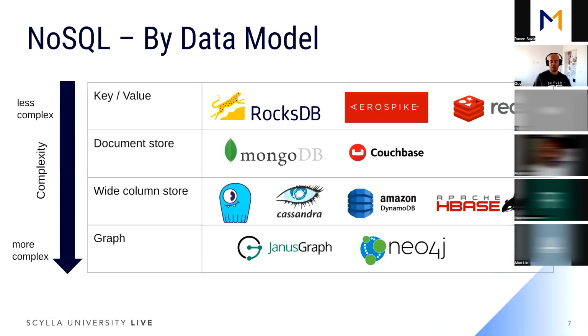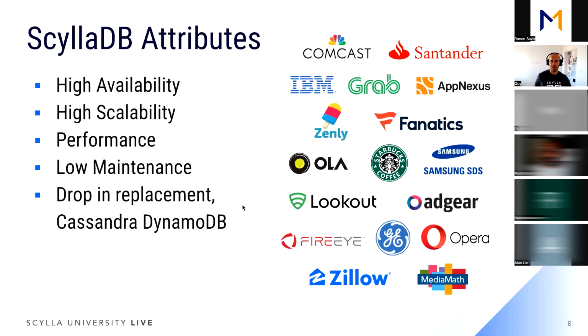And maybe I'll mention it later as well, but ScyllaDB is actually API compatible with those two databases. So that means that if you're running an application on Apache Cassandra or Amazon DynamoDB, you can switch the underlying database to ScyllaDB and use your application pretty much as it is.